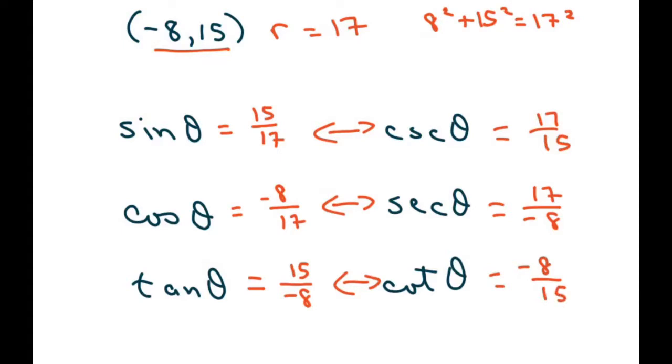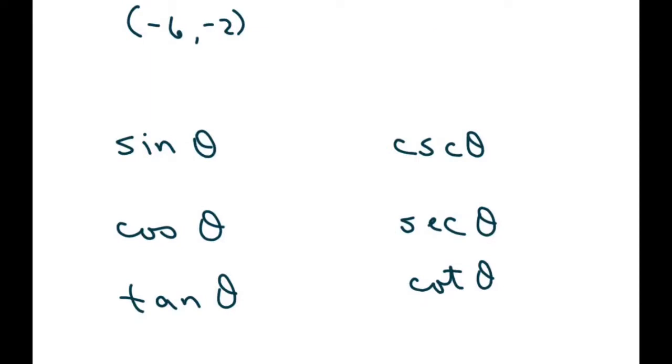Okay. Now, this one isn't a triple. So we have to find our r. And what we're going to do is use x squared plus y squared equals r squared. So that's going to be negative 6 squared plus negative 2 squared equals r squared. This equals 40.